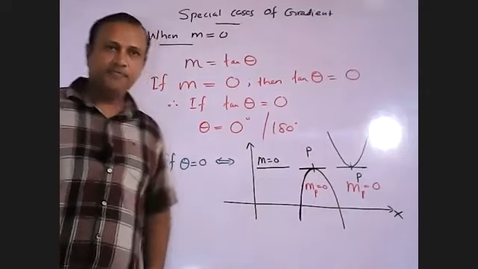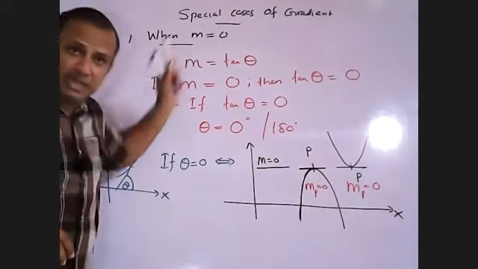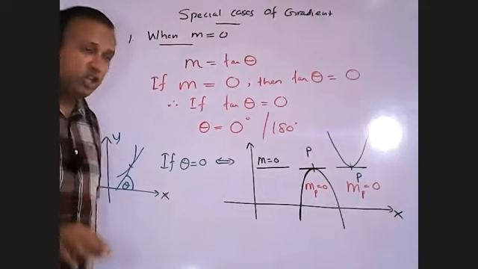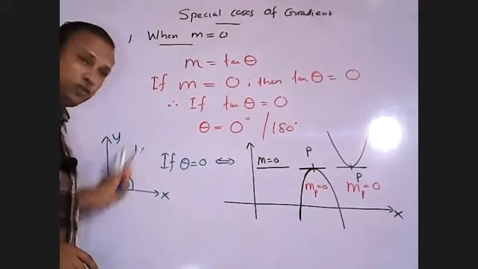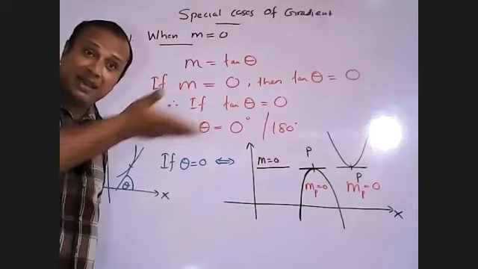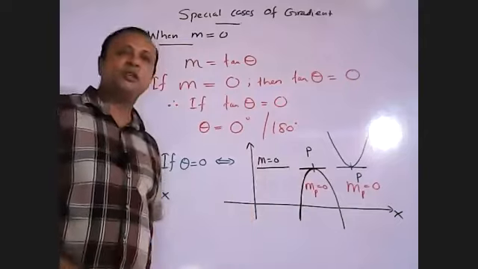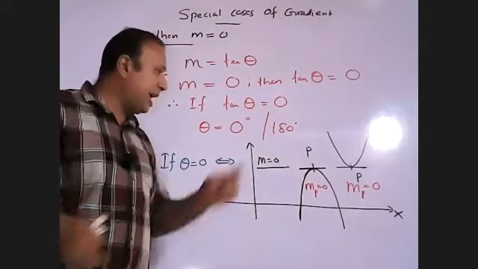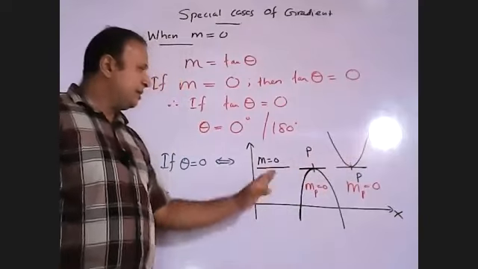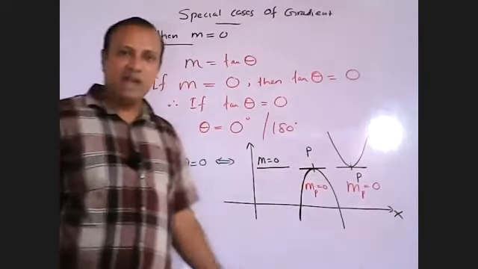About these shapes. If m is equal to 0, the tangent drawn at a particular point should be parallel to the x-axis. So there may be three types of graph.